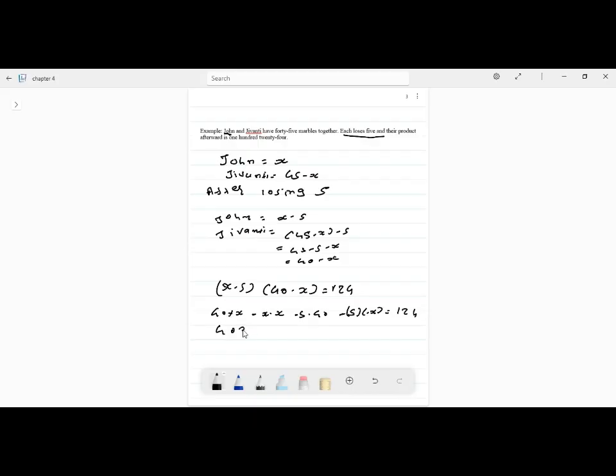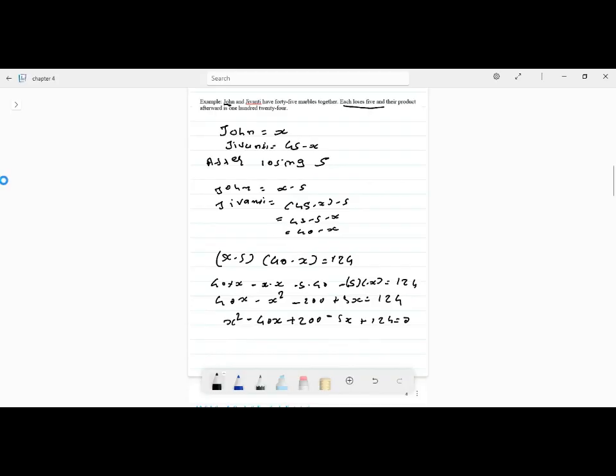If we multiply, this is 40x, this is minus x squared, this is minus 200, and this is plus 5x is equal to 124. So if we keep all the terms on one side, then minus x squared will become x squared, plus 40x becomes minus 40x, minus 200 becomes plus 200, plus 5x becomes minus 5x, and 124 is equal to 0.